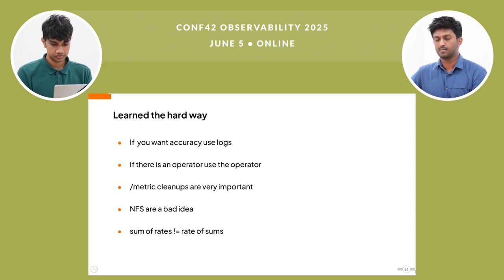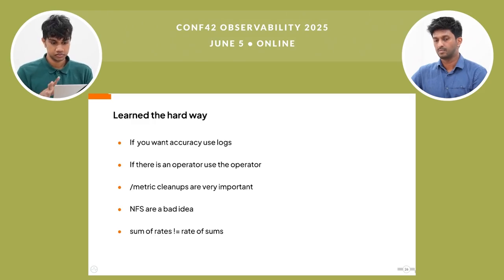We were wondering what the reason for this was, and we came across some Prometheus documentation saying that if you're using Prometheus, you can only see summarized and aggregated data. So if you want exact counts and events, especially for, let's say, billing purposes, you can't use metrics. For that, you need to use logs.